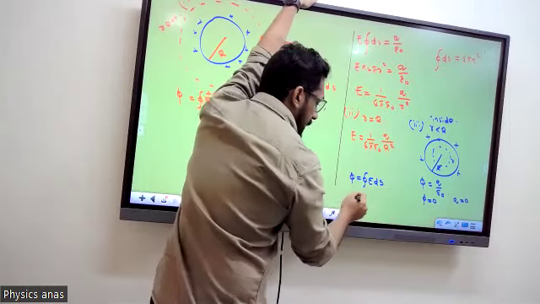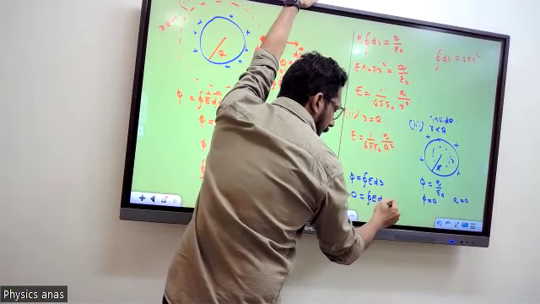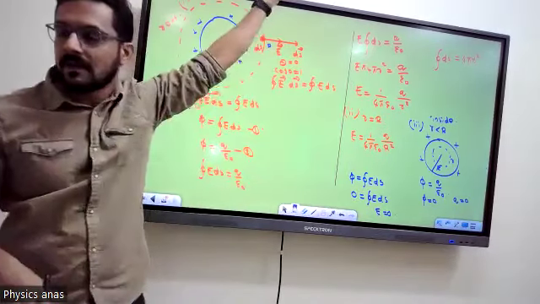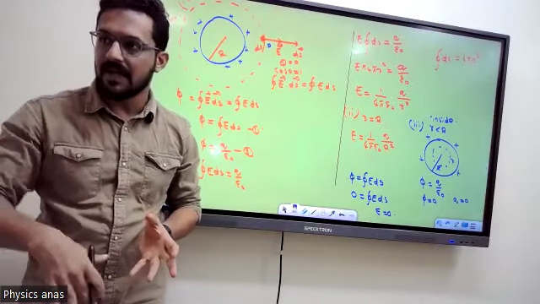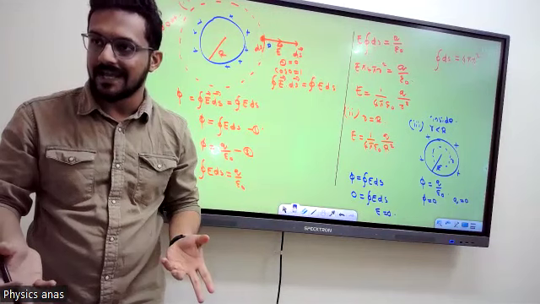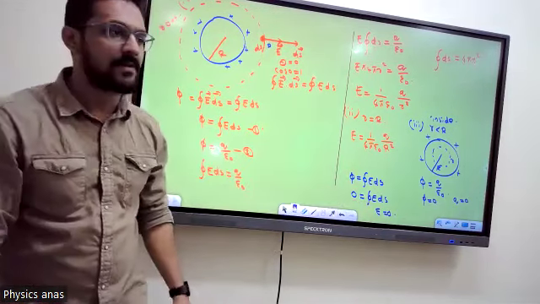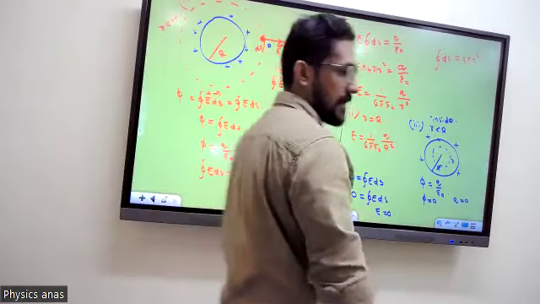That means if phi is 0, integral E ds is 0, and E is 0. ds is never 0 because integral ds will have a value, which is the area. So E is the one which is 0. Did you understand that?